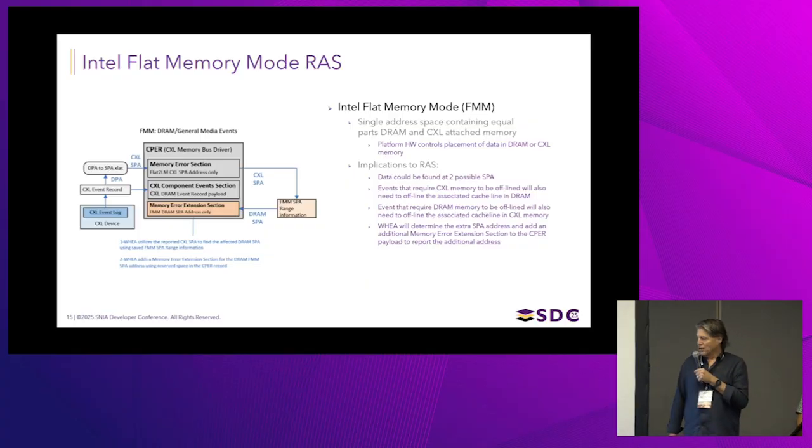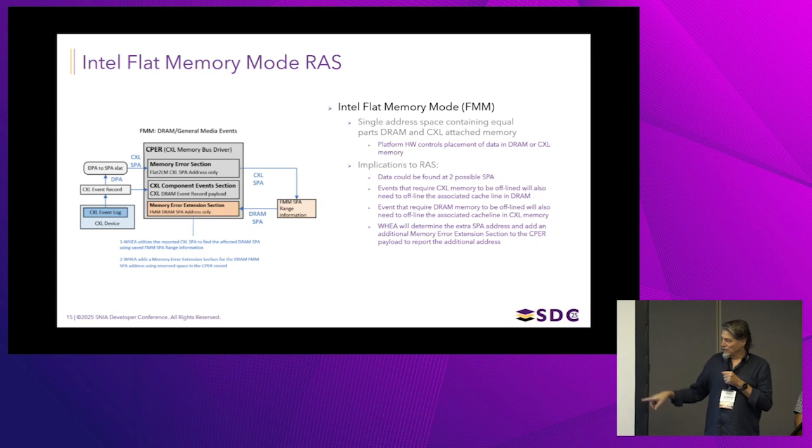To handle this, our WIA component will determine what the extra SPA address is and add that additional memory error section. So if we report a memory error to WIA, it's going to look at a table that it's saved away of the SPA ranges associated with flat 2LM.